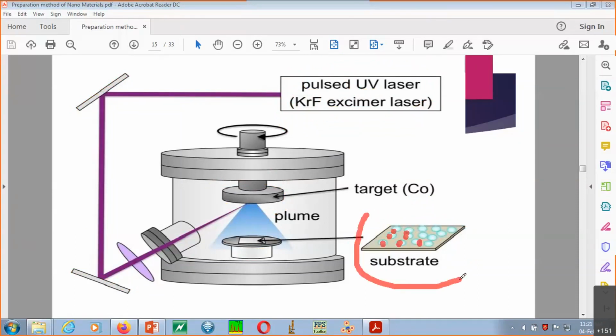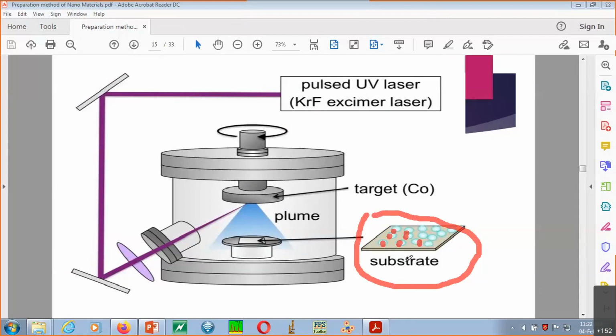Now the important thing is this substrate part. Many times it is like a glass slide, like whenever you go for a blood checkup or blood test, you see a slide on which you give your blood sample. So the substrate is almost that kind of material made of glass, so that you can easily take out the material which is sticking to this surface.